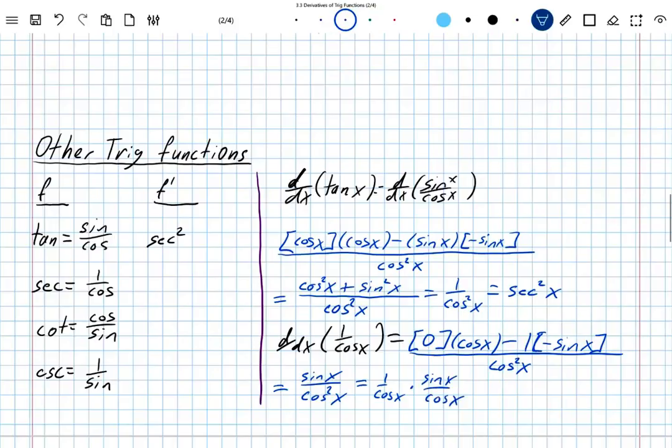I just pulled out that cosine because I saw that sine and cosine, and I was like, I bet I can make a tangent out of that if I can just pull one cosine out. And I can. 1 over cosine is secant x, and sine over cosine is tangent x. And look, I've written this without any fractions. Secant x tangent x. So the derivative of secant is secant x tangent x. Fantastic. Or we'll write it in the shorthand that we've been writing the other ones in, secant tangent. Nice. Not too bad.